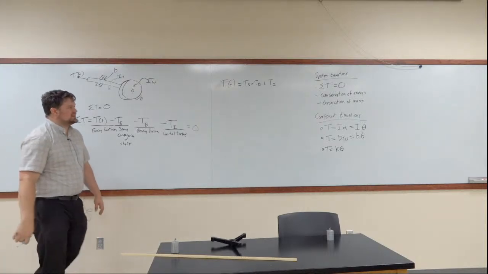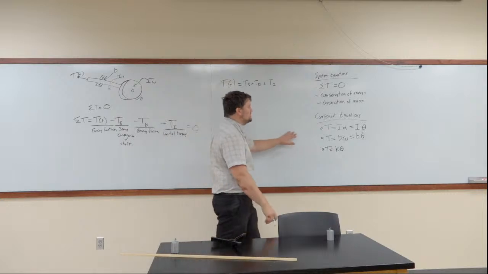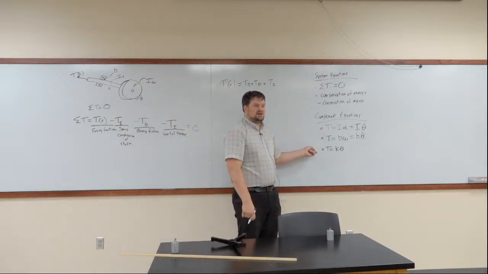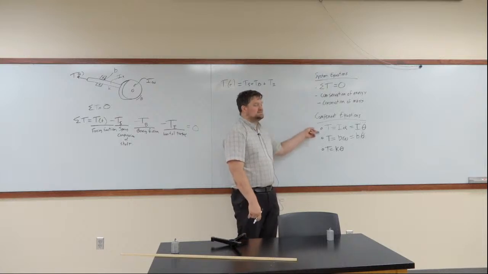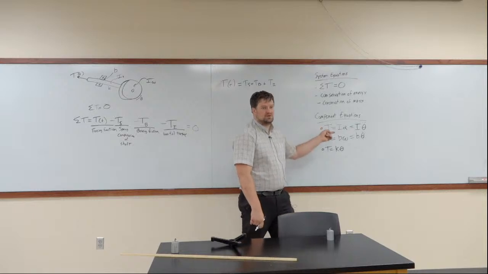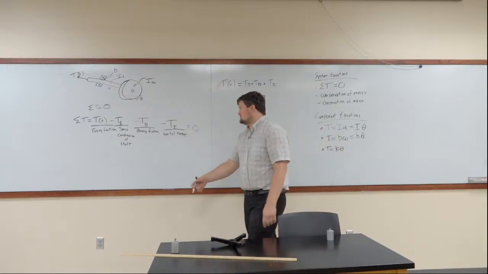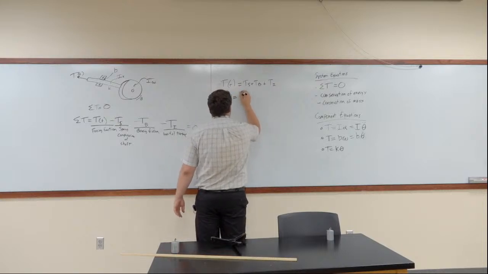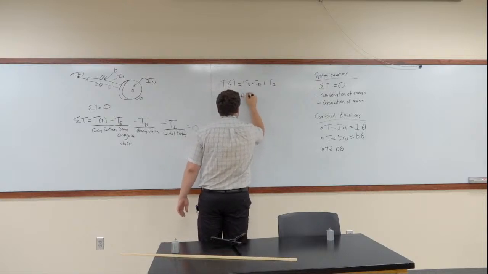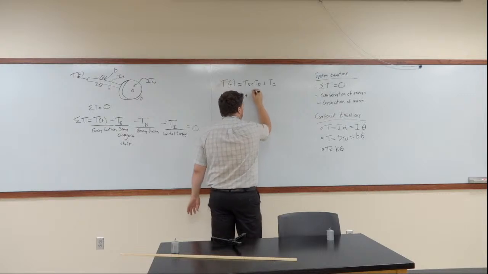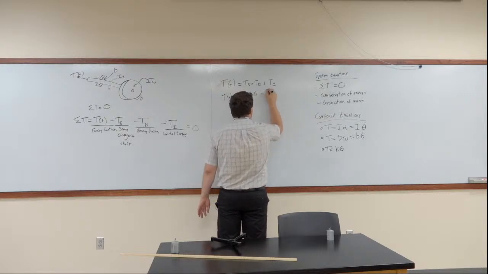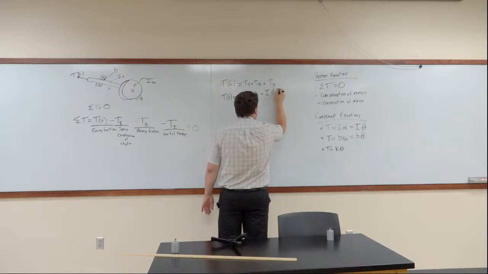Now I can go over to our component equations: this is the torque created by a spring, this is the torque created by a bearing, this is the torque created by an inertial component. So I just plug those in. Tt is equal to k theta plus b theta dot plus I theta double dot.